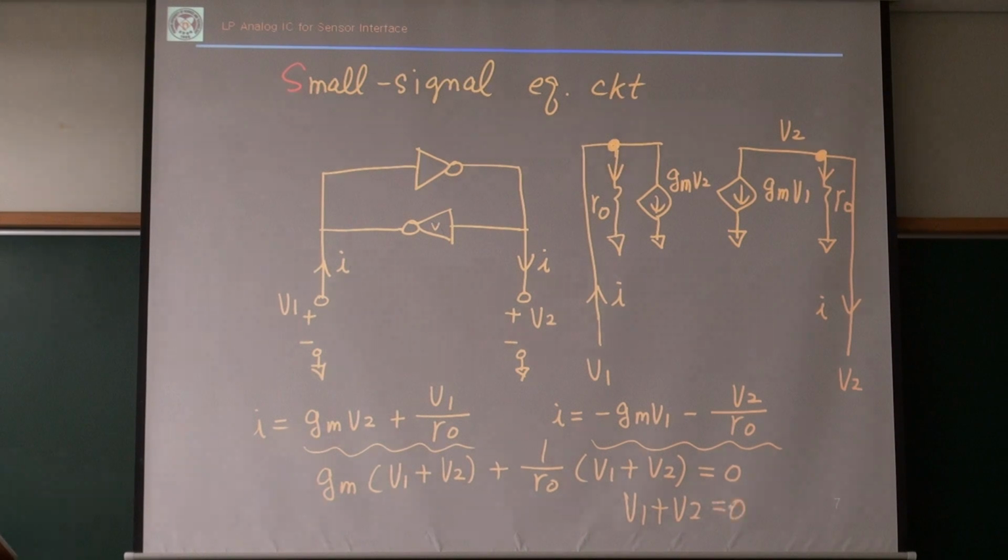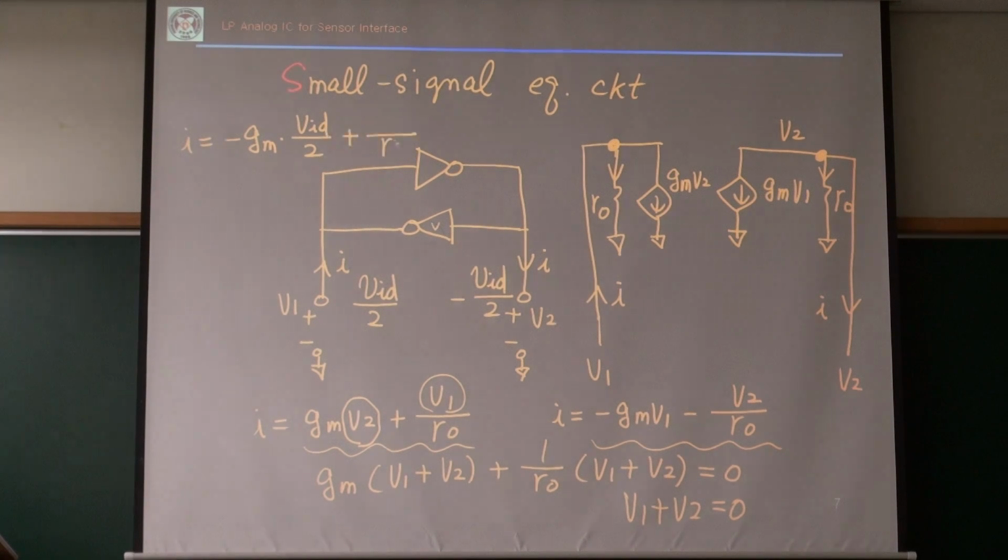So it should be differential. Say, for example, if this is half of VID, then this should be minus half of VID in this structure. Then I can calculate my I by applying minus half of VID and half of VID there. My current I equals minus gm times half of VID plus half of VID over RO.